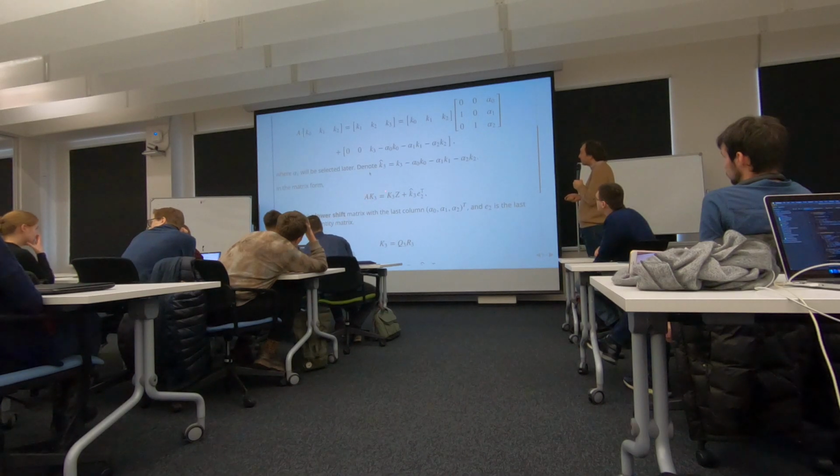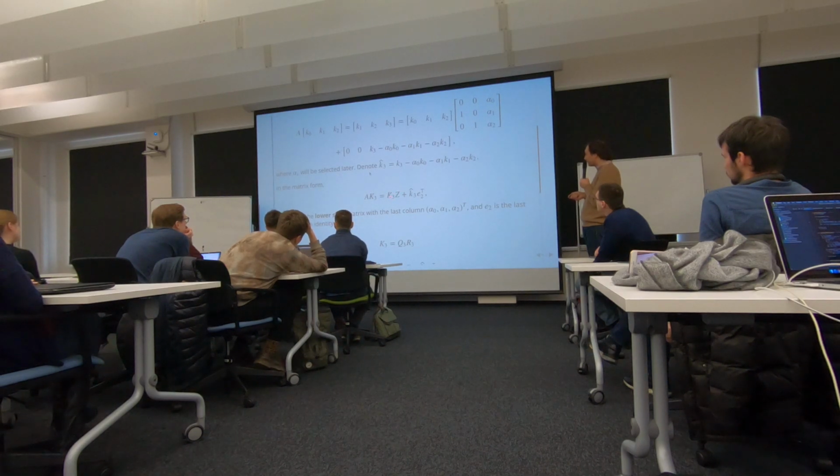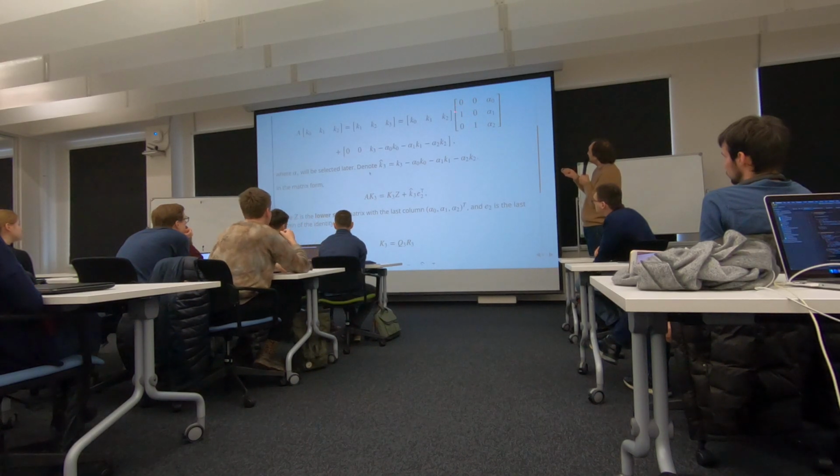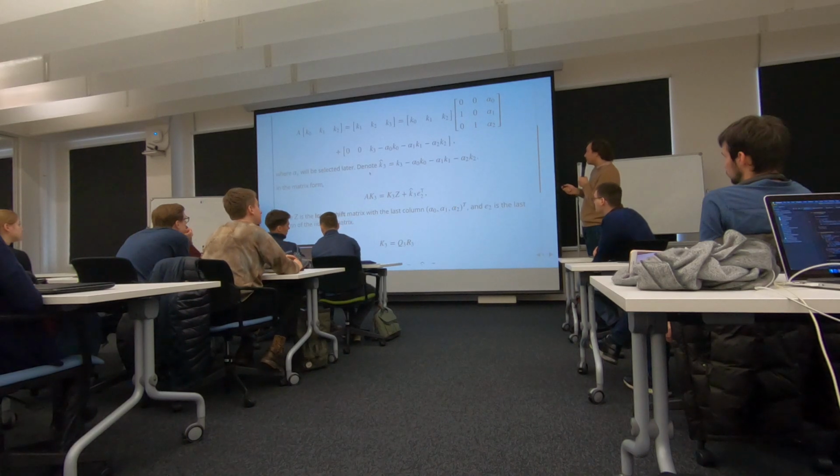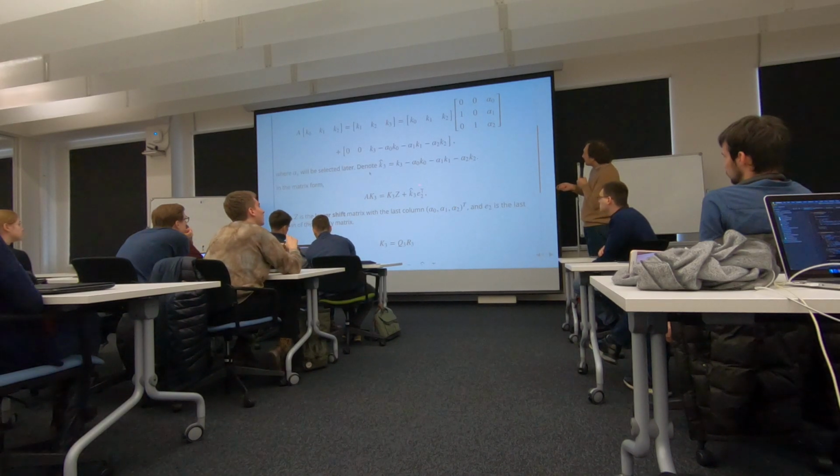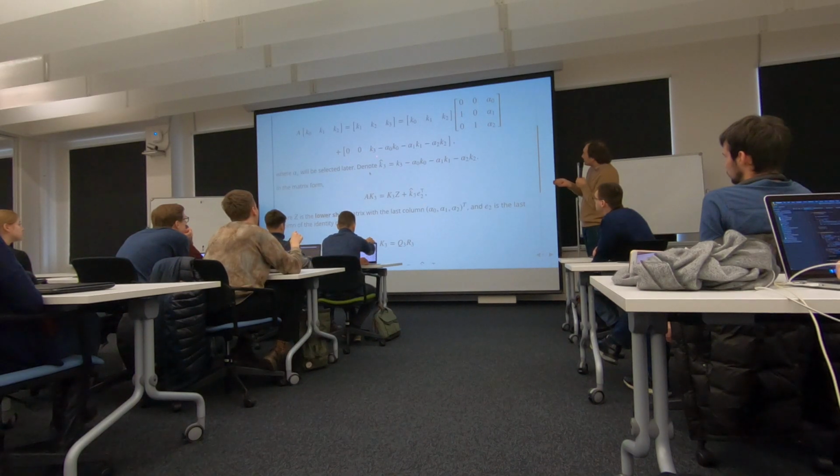In matrix form that is written as A times K3 equals K3 times Z. So this is an inverse shift matrix: if it takes a vector, it shifts it, plus some last column, plus a rank 1 matrix which is non-zero only in the last column.